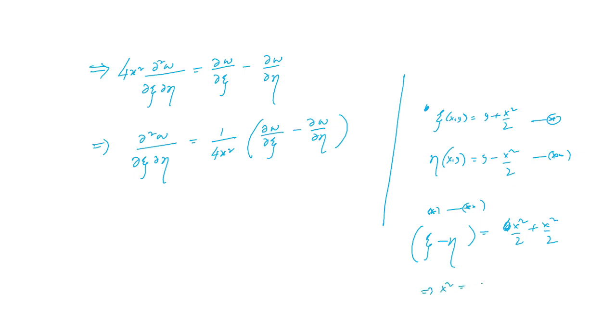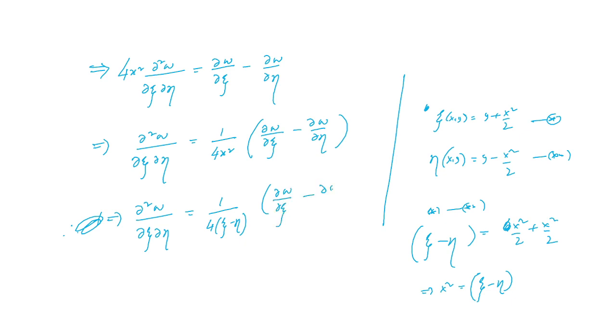So here x square will be xi minus eta. So therefore that implies del square omega del xi del eta is 1 by 4 times (xi minus eta) times del omega del xi minus del omega del eta.